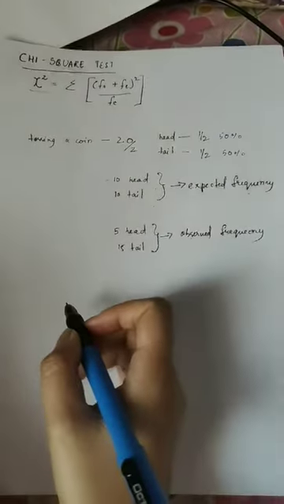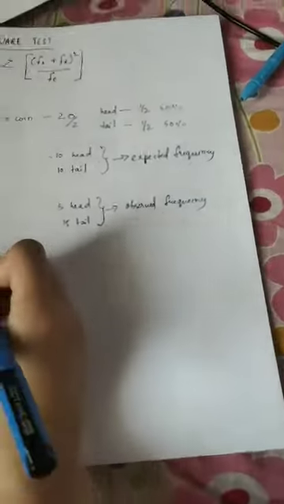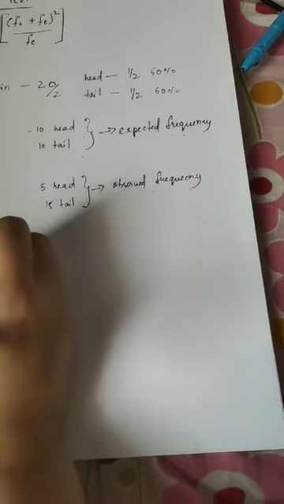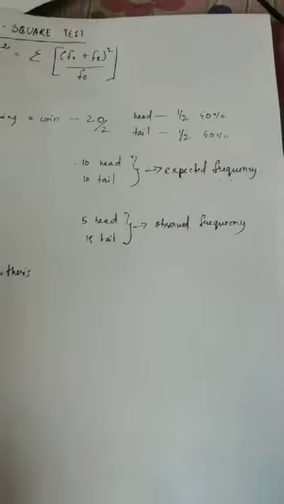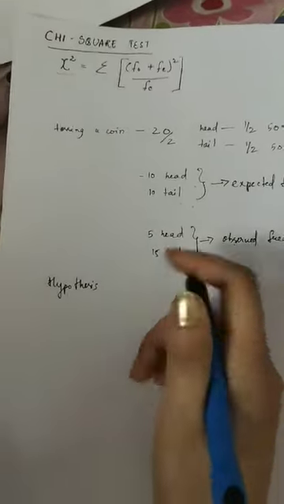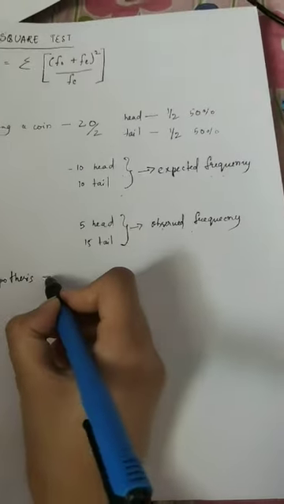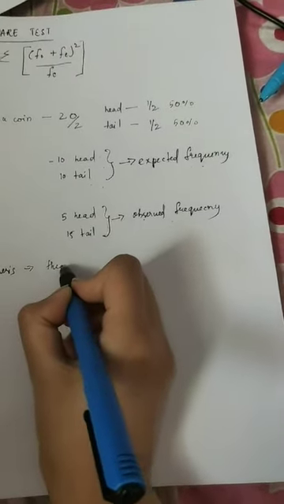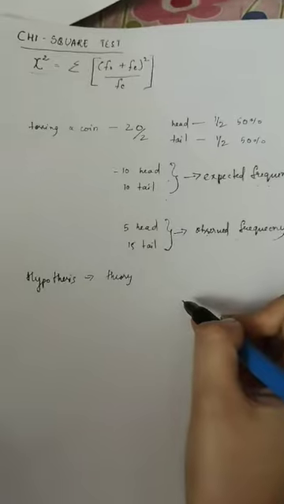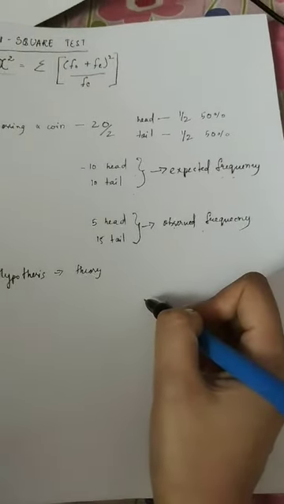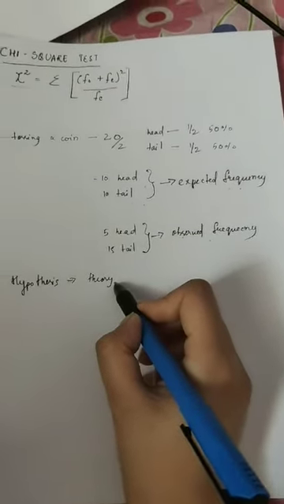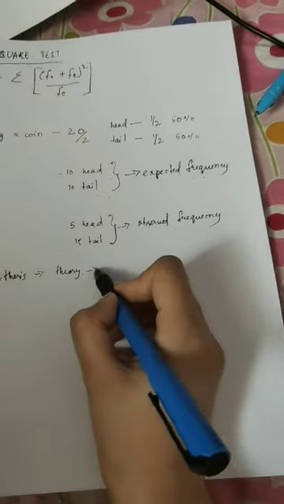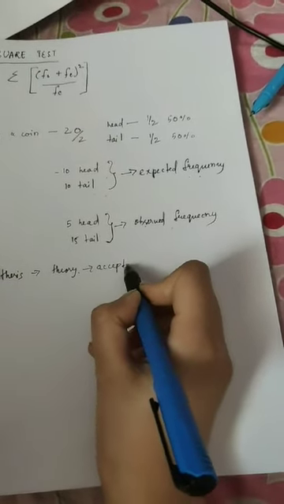If you don't know what a hypothesis means, a hypothesis is when you form some kind of theory and then you test whether this theory can be accepted or rejected.